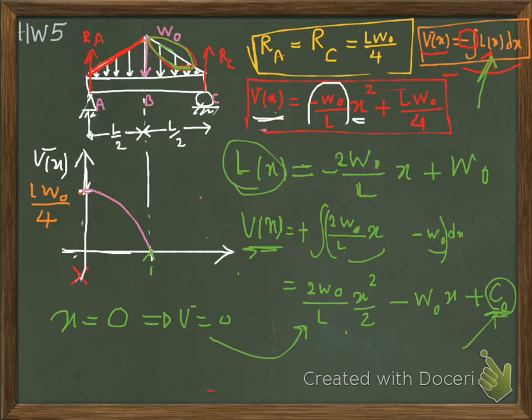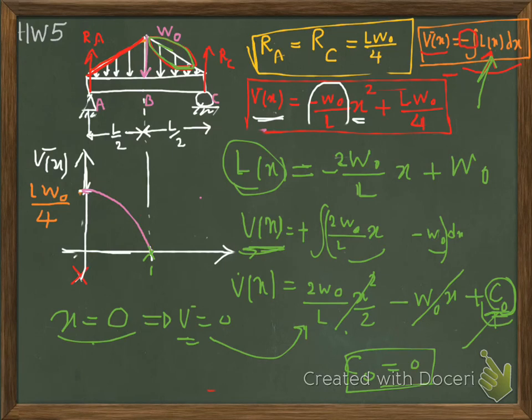X equal to 0, that would be gone, that would be 0, v would be 0, so my c naught is essentially going to be 0. I'm just substituting x and v in this function, and you find c naught.